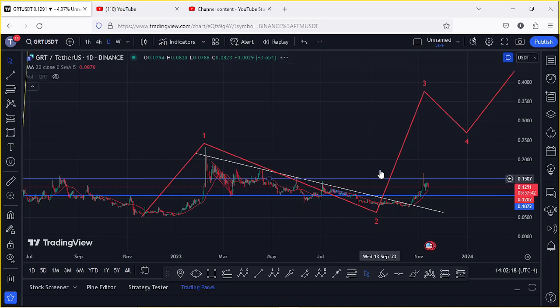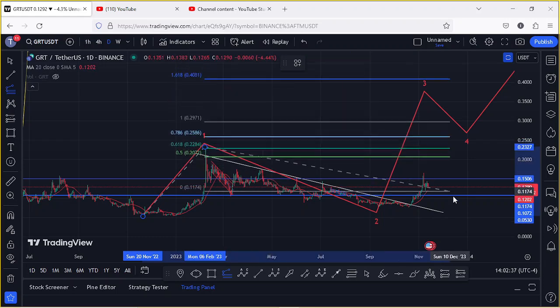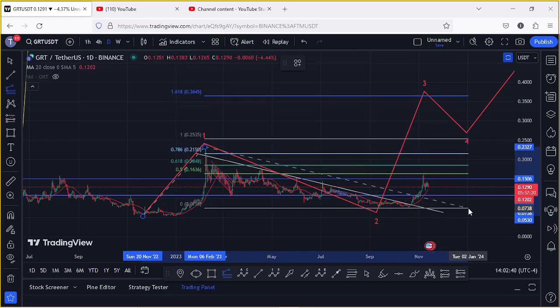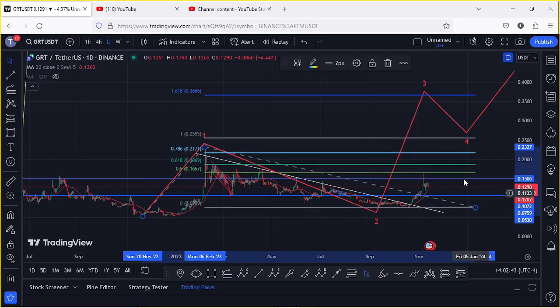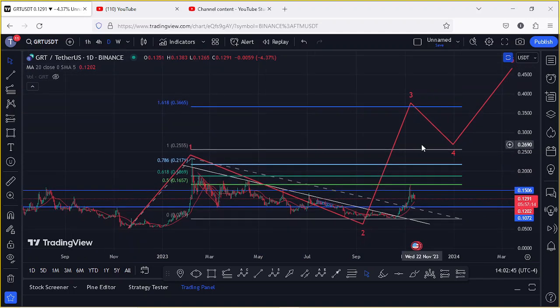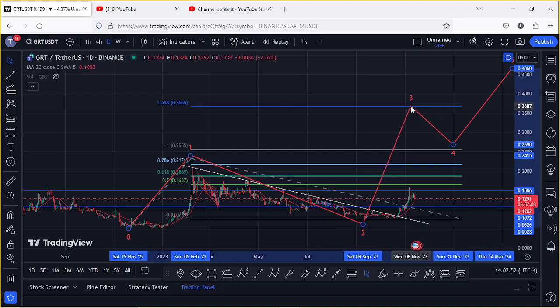And the minimum target areas for the third wave can be given by connecting the trend-based Fibonacci from the low of the first wave to the high of that wave 1, then dragging the fibs to the low of the second wave, giving me a minimum target area for the third wave at the Fib level 1.618, and that is above the $0.3665 mark, which is the minimum that we can expect that wave 3 to the upper side to do.